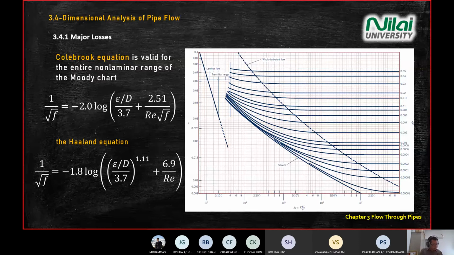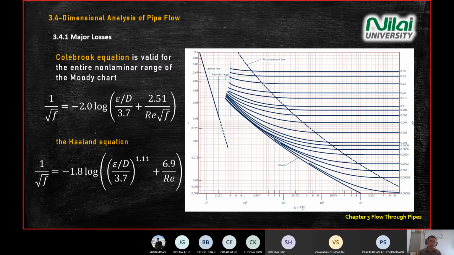Another one is called the Haaland equation. So the Haaland equation is the answer for question 37.